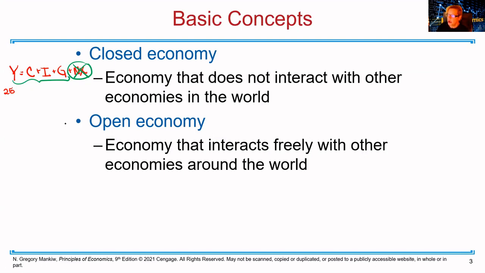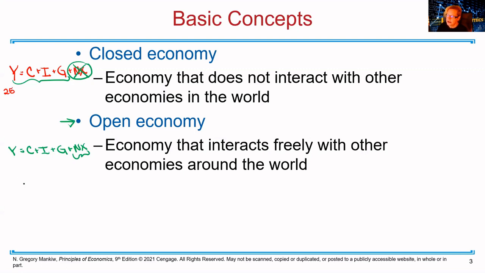In this chapter, we're going to open the economy back up. So now remember that GDP is equal to consumption plus investment plus government purchases plus net exports. And we're going to spend a lot of this chapter talking about this net export side.